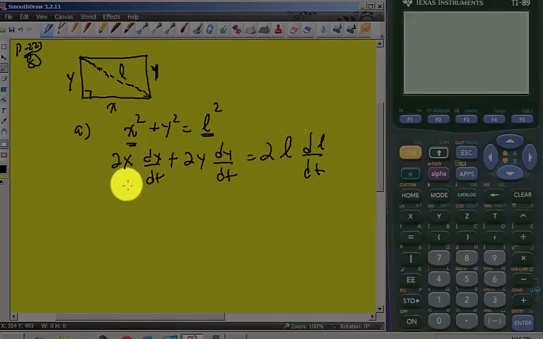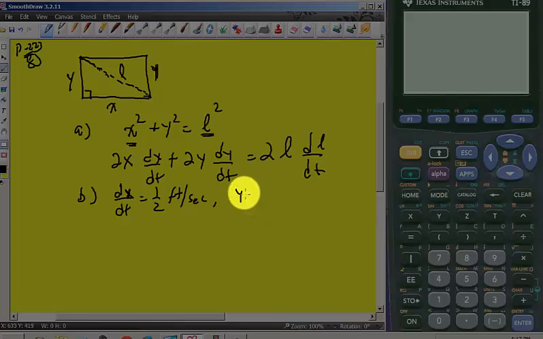Okay, in part B, they want you to use this information, and they tell you x increases at a constant rate of 1/2 foot per second, so that means dx/dt is 1/2 because x is increasing at 1/2 foot per second. And then it says y decreases.